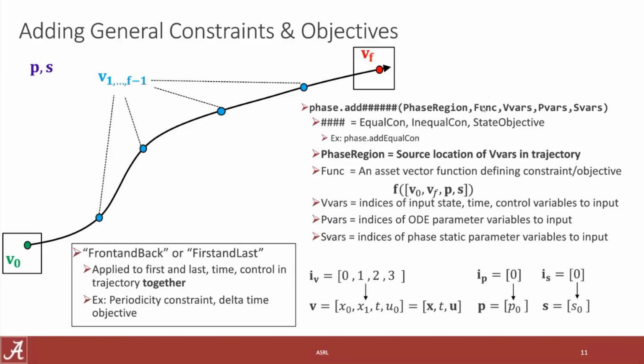This function is actually going to be sized 2 times however many states you're passing in, because it's going to pull the states from the front and from the back. So if the vvars is the 3 position and the 3 control scalar sections, we're actually going to get a size 12 function because it needs 6 from front and 6 from back. So again, we're back to the very first set of slides: know the size of your vector function arguments that you need to pass into your functions.